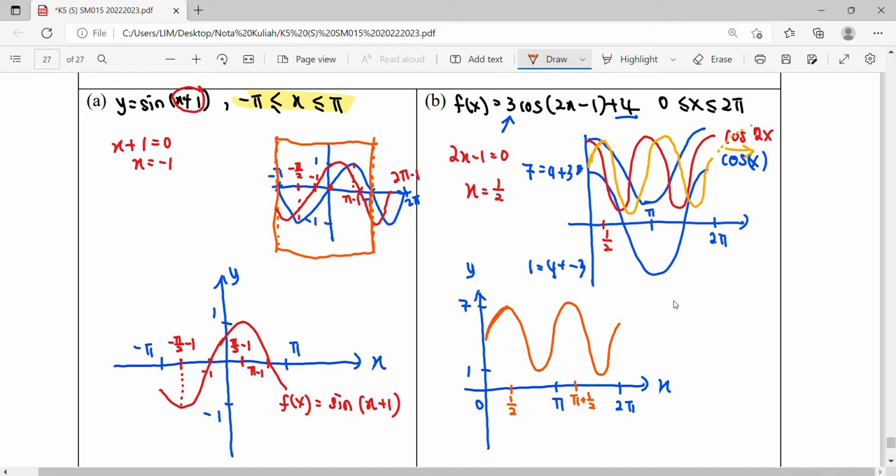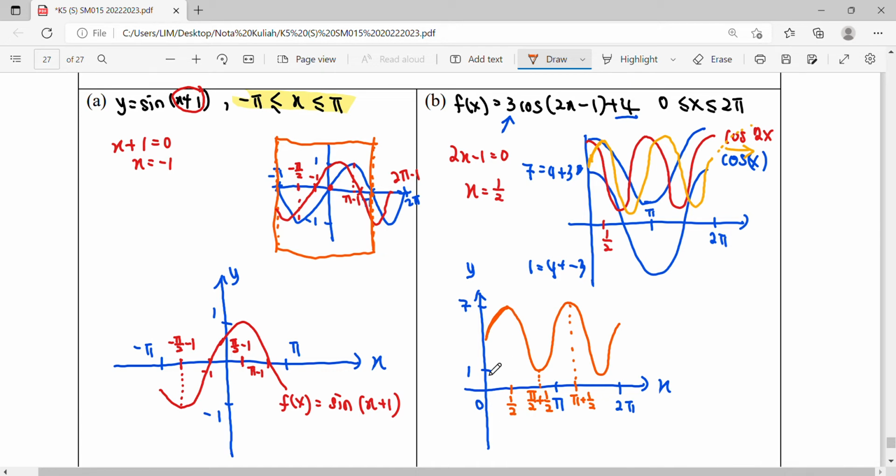Alright, so label. So this is pi over 2 here. So your minimum of the graph supposedly is at pi over 2. So when you move it to the right hand side, it will be plus 1 over 2. So original is 0.